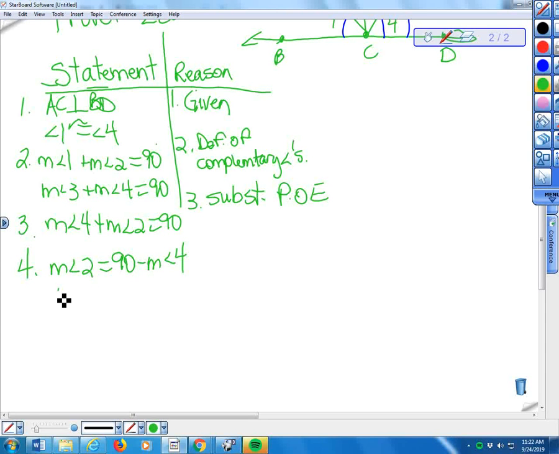I know angle 3 equals 90 minus the measure of angle 4. If I solve for angle 2, I subtract angle 4 from both sides, and I get angle 2 is 90 minus angle 4. And here, angle 3 is 90 minus angle 4. That's the subtraction property of equality.